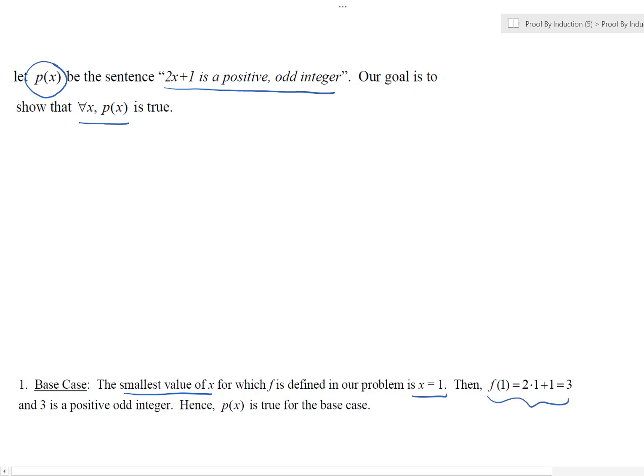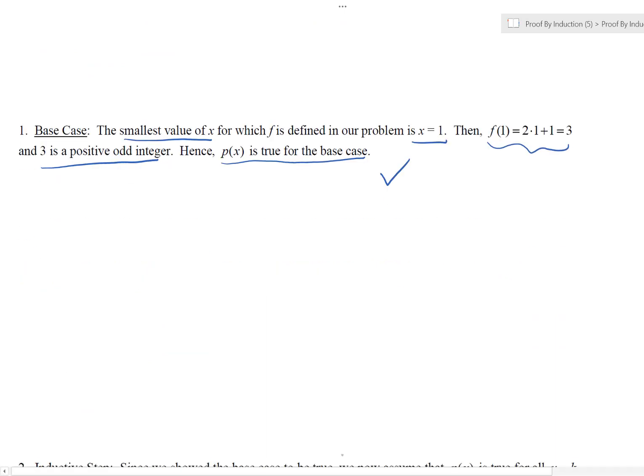We plugged in x is 1 into the statement, which, remember, we were calling f of x, 2x plus 1. We get 2 times 1 plus 1, which is 3, and 3 is a positive odd integer, so this statement is true for the base case. Check. That means we're going to move on to the inductive step.